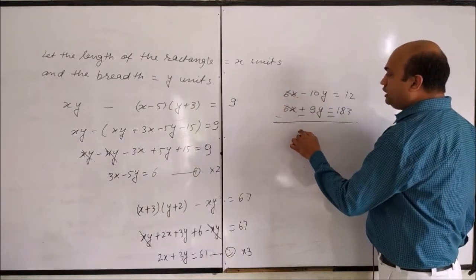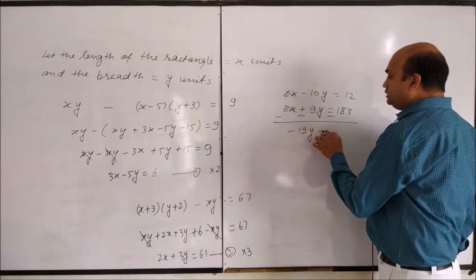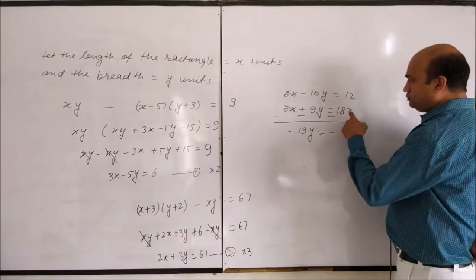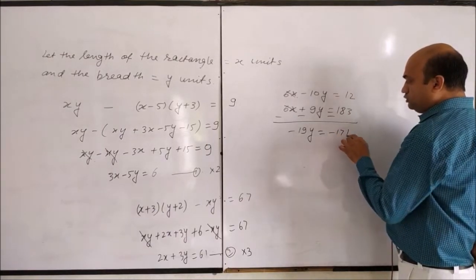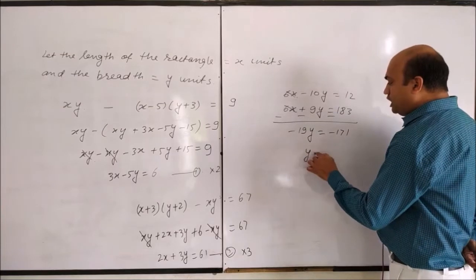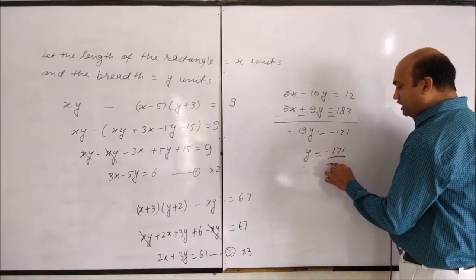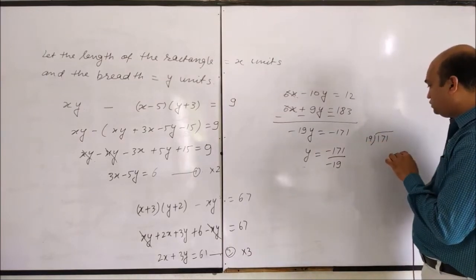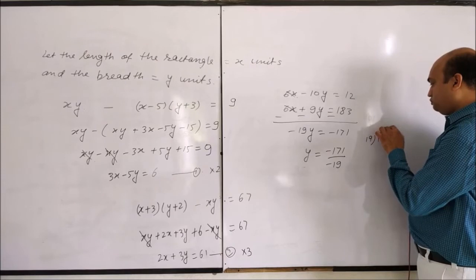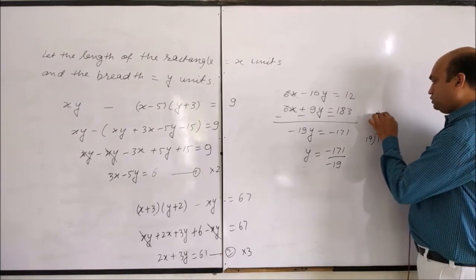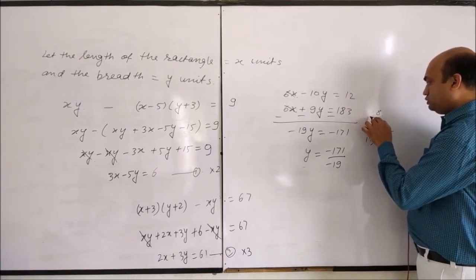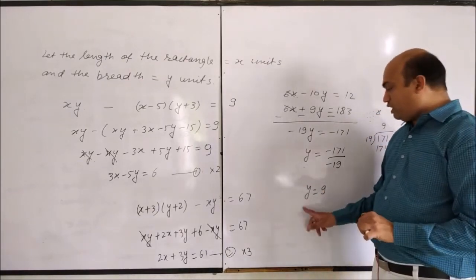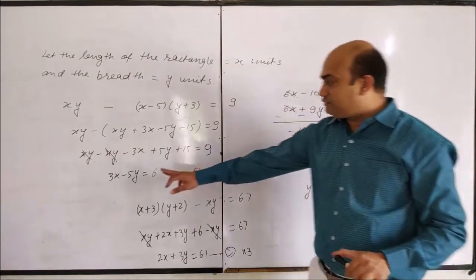This will be cancelled and we will get minus 19y is equal to minus 171. Then y we will get minus 171 by minus 19, that is 9. So the value of y is 9 that we place in the first equation.